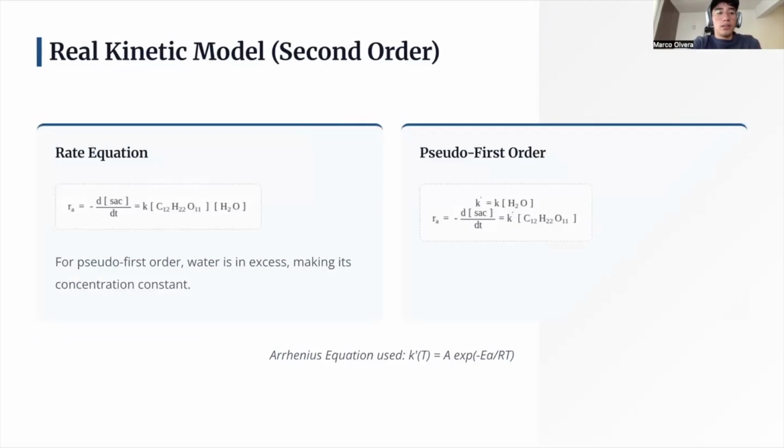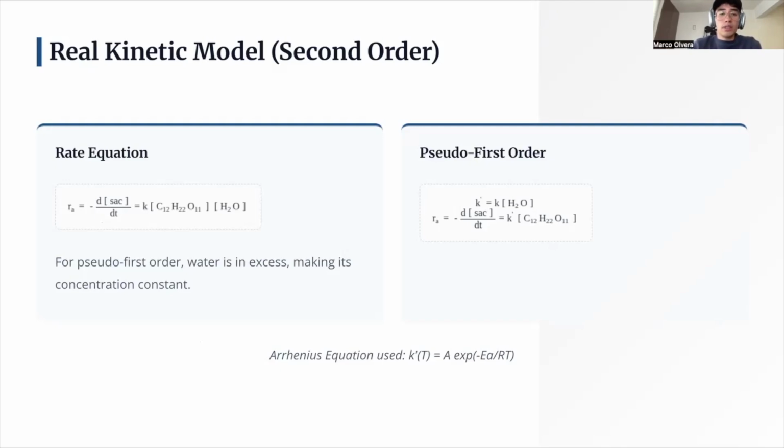Okay, then the rate equation is equal to the kinetic constant times the concentration of sucrose times the concentration of water. But to work with an easier rate equation, we need to have water in excess in order to make it a first order rate equation.